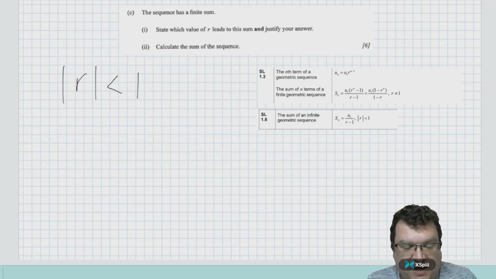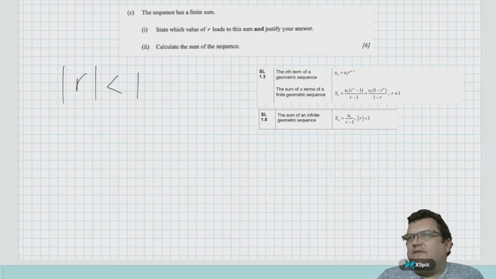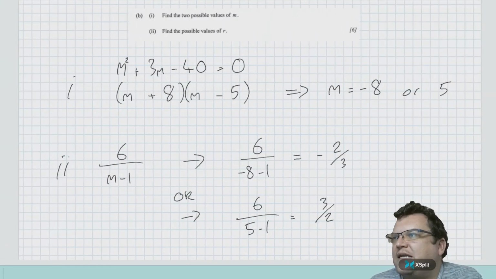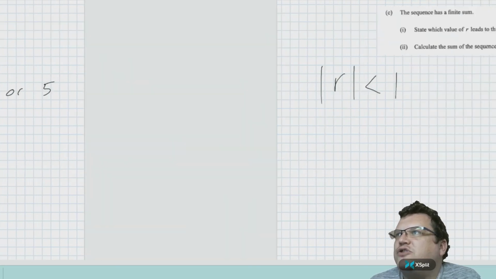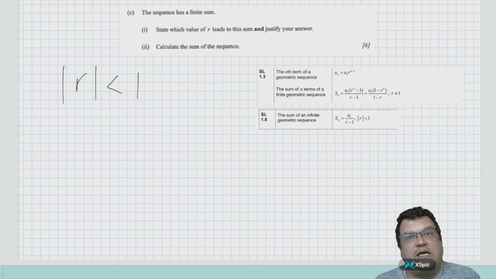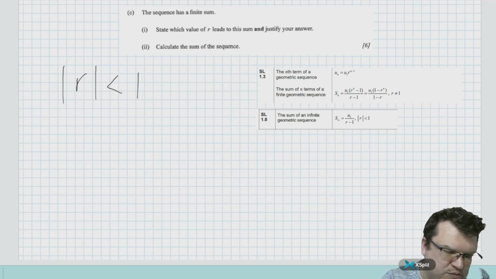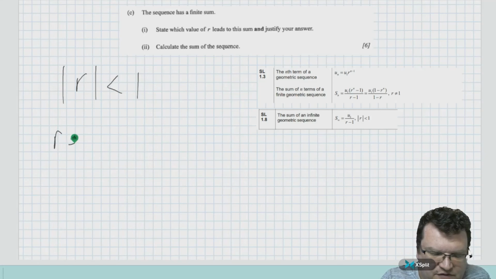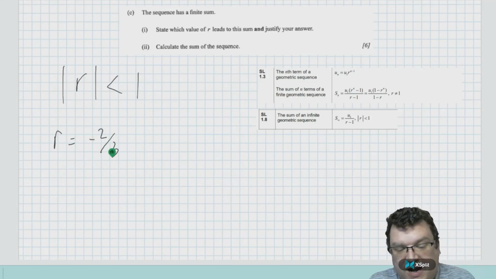State which value of r. Well, we were given two on our previous answer. We had negative 2/3 and 3/2. Here they are. You can see them. So one of those is the right one. Well, obviously 3/2 is 1.5, so it's not going to be that one. So we need r as negative 2/3, and we're asked to justify your answer.